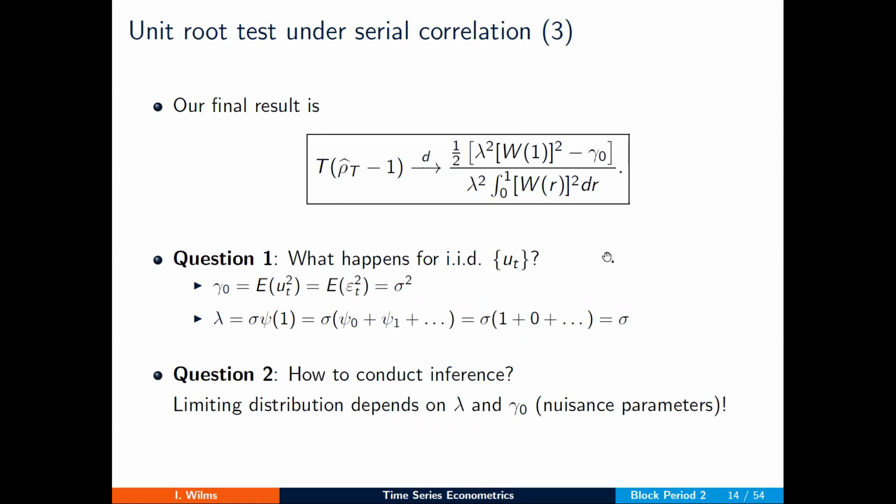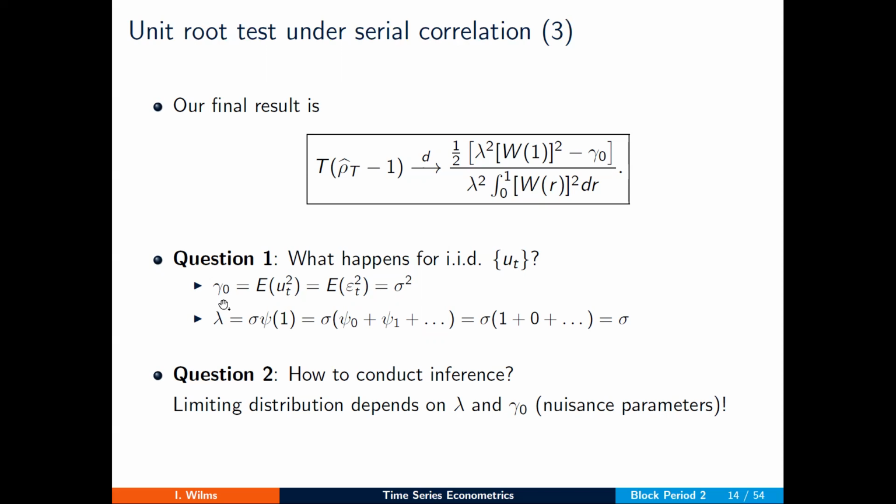Now let's have a closer look at this expression. First, what would happen to this expression when u_t would just be the IID error, so the case from last week? Then naturally, we should arrive back at the expressions from last week that we derived. So let's verify that.